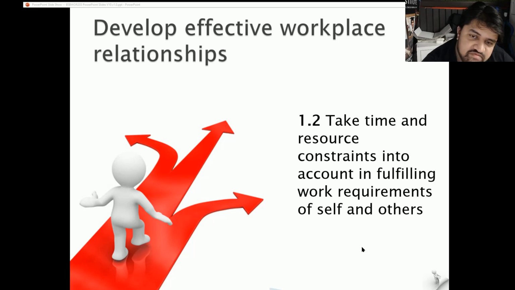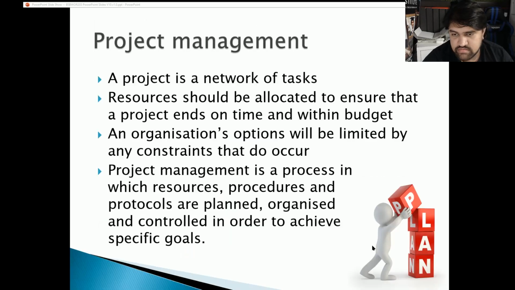Develop effective workplace relationships. 1.2. Take time and resource constraints into account in fulfilling work requirements of self and others. So in project management, a project is a network of tasks.